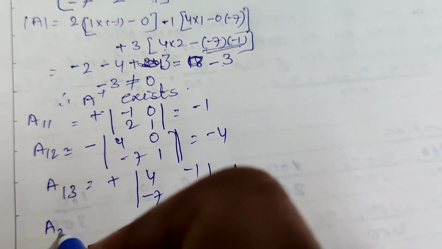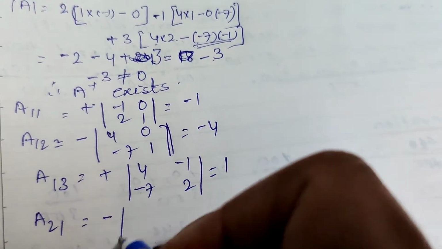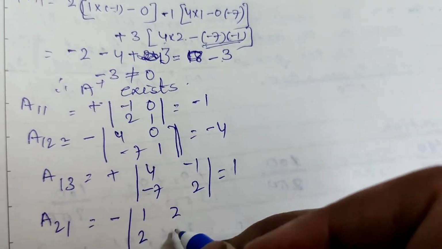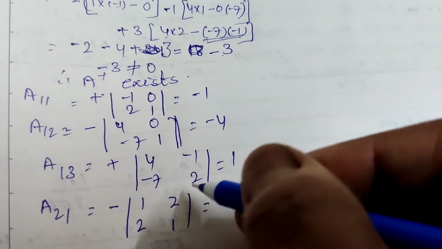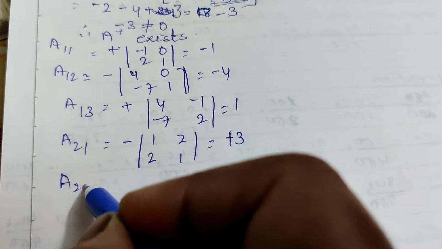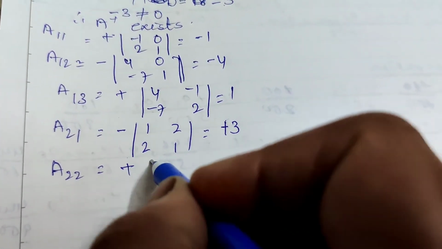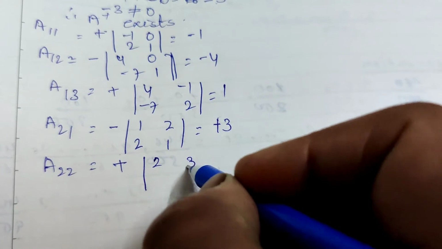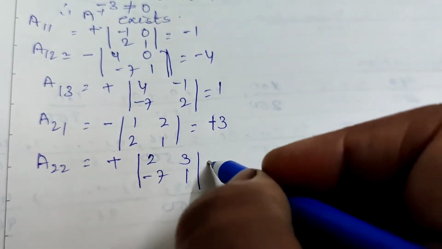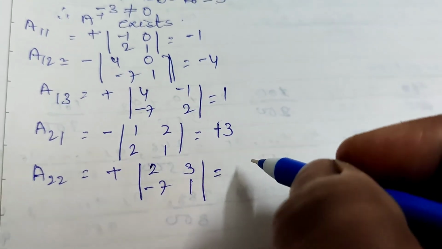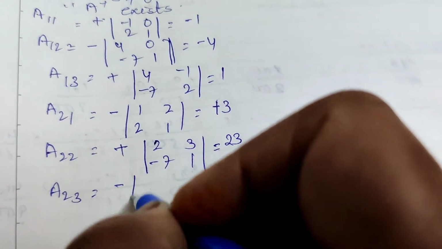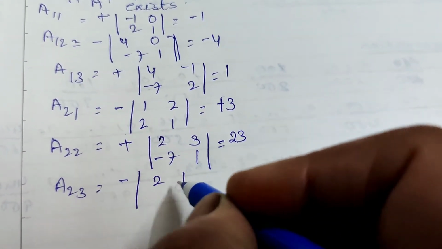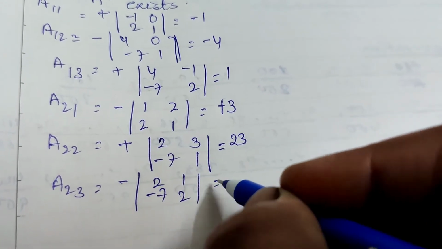And A21: minus 1, 2, 2, 1. It is 1 minus 4, it is minus 1 minus 4, minus 3, and it is plus 3. And A22, second row second column, plus 2, 3, minus 7 1. It means 2 plus 21, 23. A23: minus 21, minus 7 2. It means 4 plus 7, 11. It is minus 11.